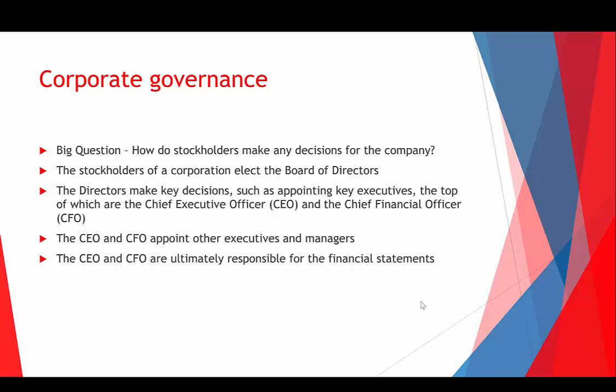And in that last bullet point where we said CEO and CFO are responsible, there were some accounting scandals in the early 2000s, and as a result, there was some new regulation called Sarbanes-Oxley, and in that regulation, they provided for criminal penalties for CEOs and CFOs if the financial statements are found to be misleading and they were negligent in doing their duties to put them together. Yeah, you can get fined up to $5 million and spend 20 years in prison for preparing false financial statements as a CEO and CFO.